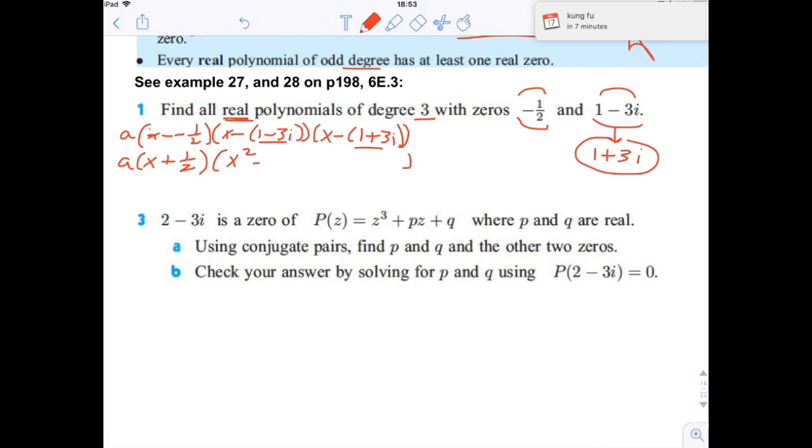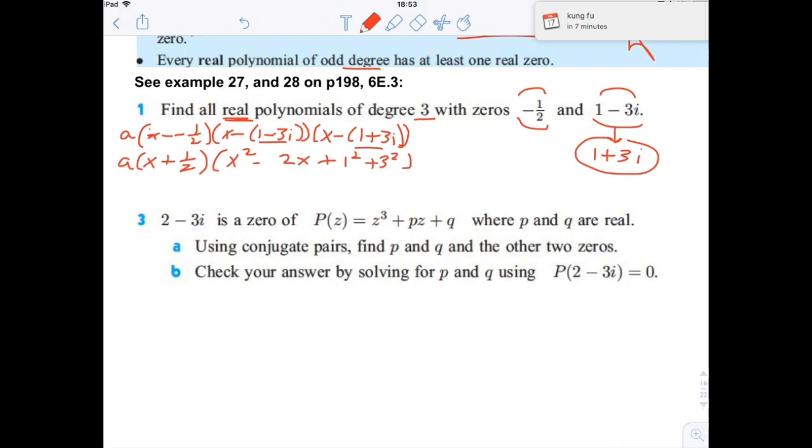So 1 minus 3i times 1 plus 3i would be 1 squared plus 3 squared. And what do the middle terms look like? So -1 minus 3i times x, -1 plus 3i times x. So the imaginary parts cancel out, the real parts combine. So -1x minus 1x is minus 2x.